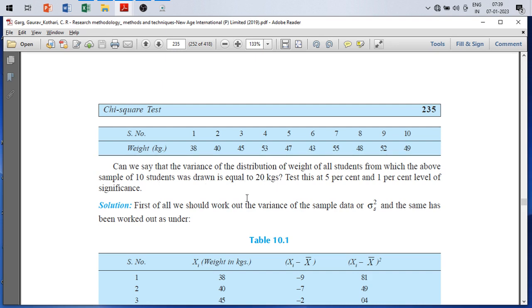Okay, so again the question is that, can we say that the variance of the population is 20? And it says test this at 5% and at 1% level of significance.